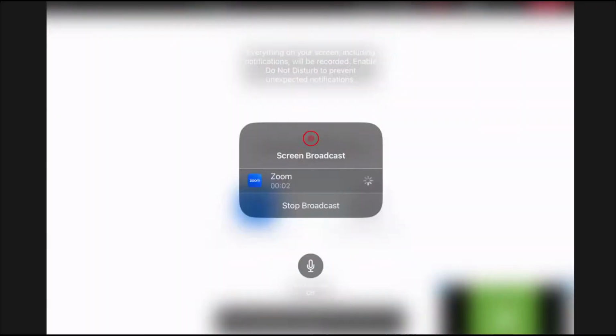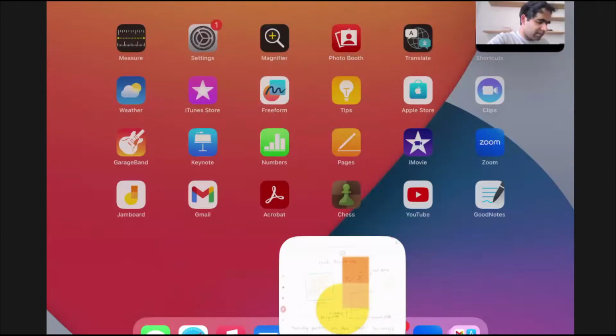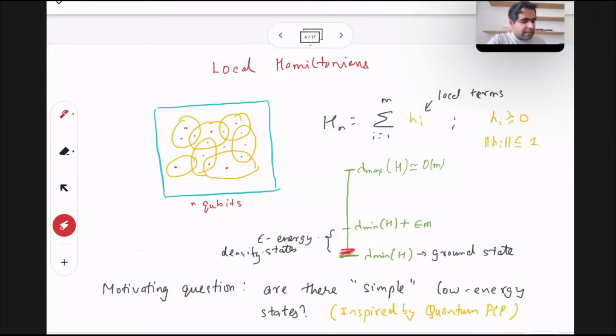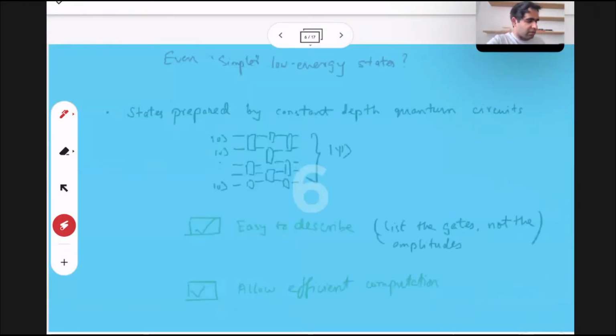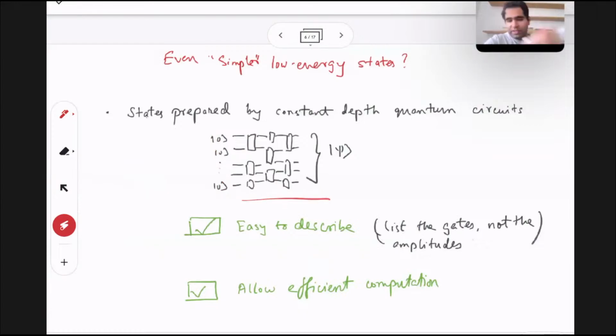The claim is that any state that has energy in this range, the quantum circuit that prepares the state from all zeros must have depth larger than constant, super constant.